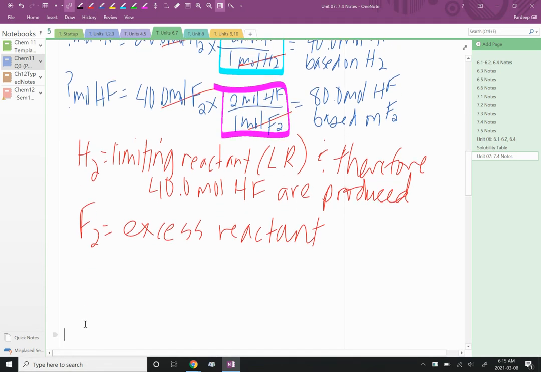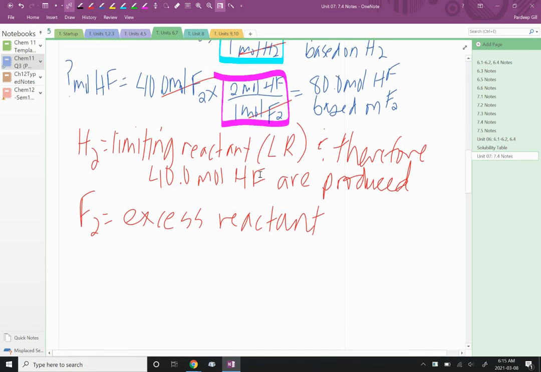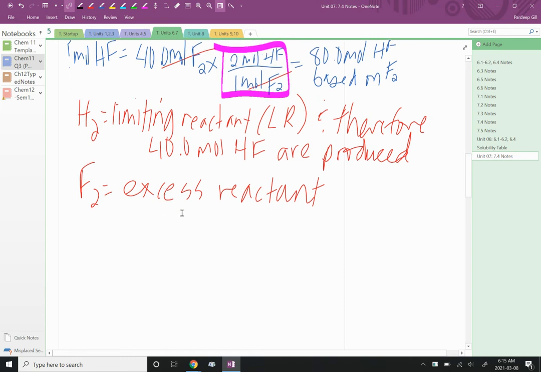You can also carry out a very simple calculation just to confirm that F2 is in fact in excess by asking how many moles of H2 are really needed if we started with 40 moles of F2.